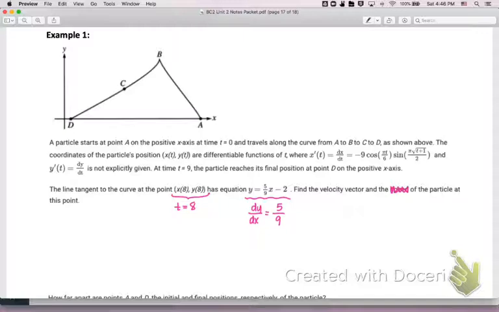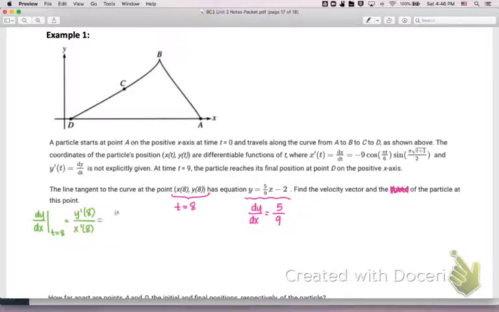We know how to find x prime of 8, but we do not know how to find y prime of 8. So we can go ahead and set up dy dx the way that we know we would find it. If we want to evaluate dy dx at t equals 8, that's going to be equal to y prime of 8 over x prime of 8.